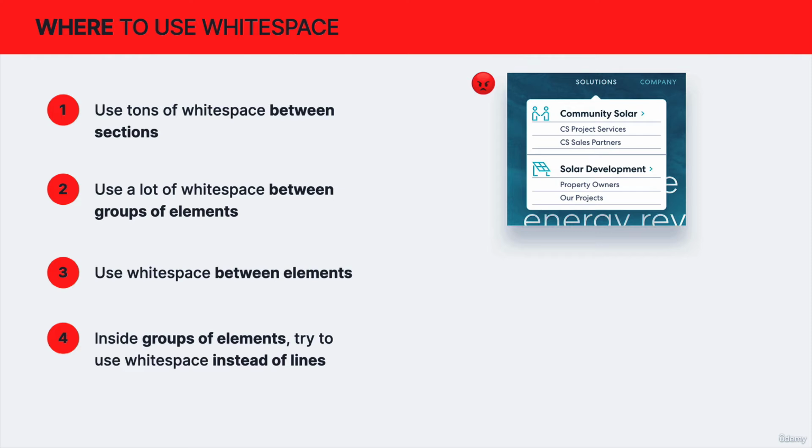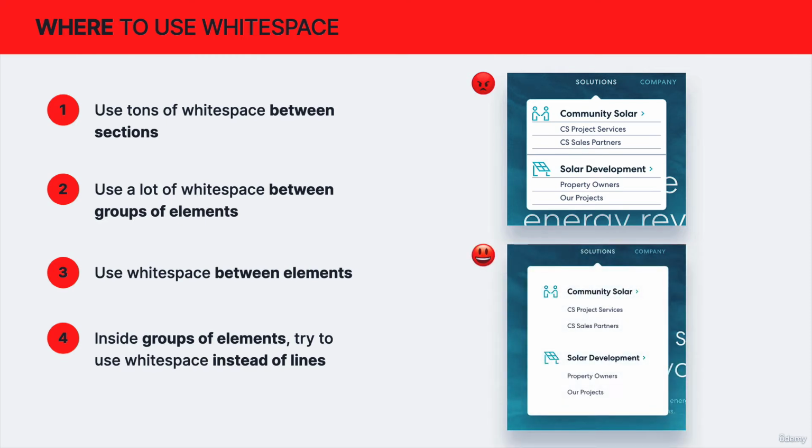Just like in this example, while actually it looks way better and way more modern and more clean to simply add some space between the elements, right? So here you can still clearly see which elements belong together, but all without using these ugly looking lines. And so if you're trying to create a modern looking design, then this is always the way to go.